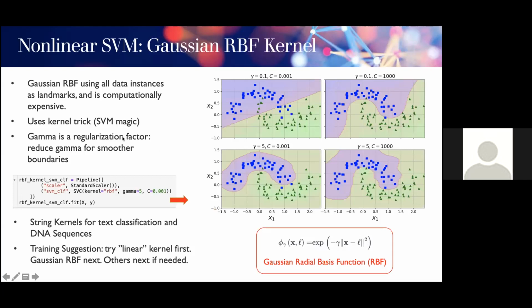The kernel trick uses gamma as another regularization factor, because gamma determines how tall the bell curves are that you put on each of these data points. And that determines how much the other points are considered to be similar to your landmark. And if you put those bell curves on pretty much every single data point, they are all voting for each other's classes. Conceptually, that's what it is. I'm not sure about how close that gets to the implementation.